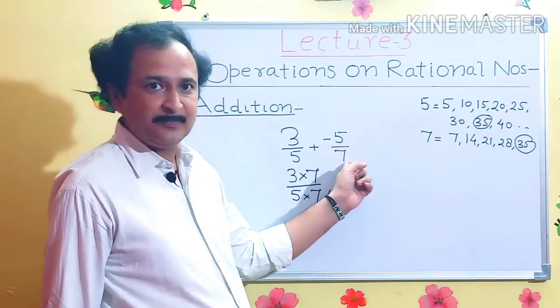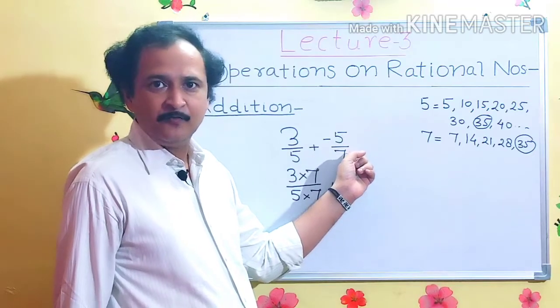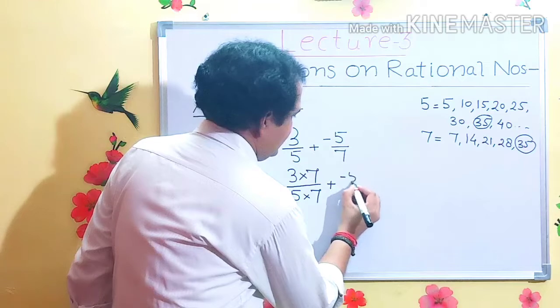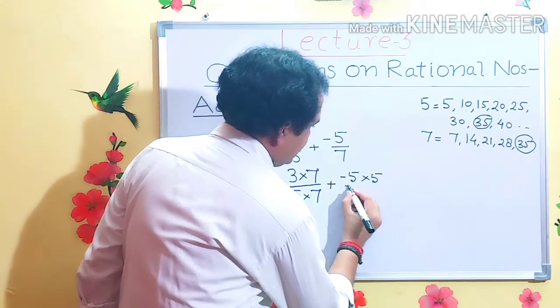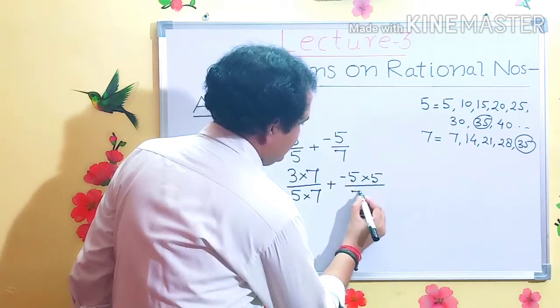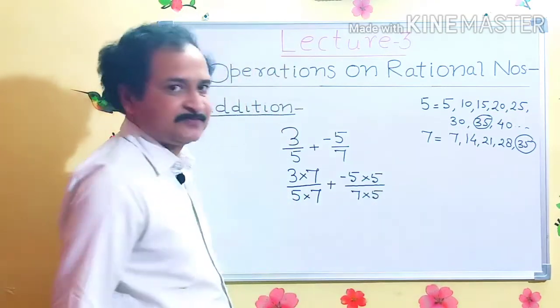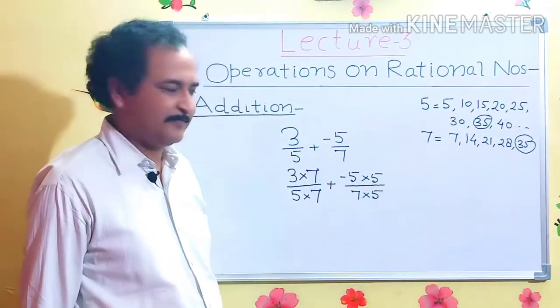So we multiply numerator and denominator both by 5. Then this rational number minus 5 by 7 can be written as minus 5 multiplied by 5 upon 7 multiplied by 5.